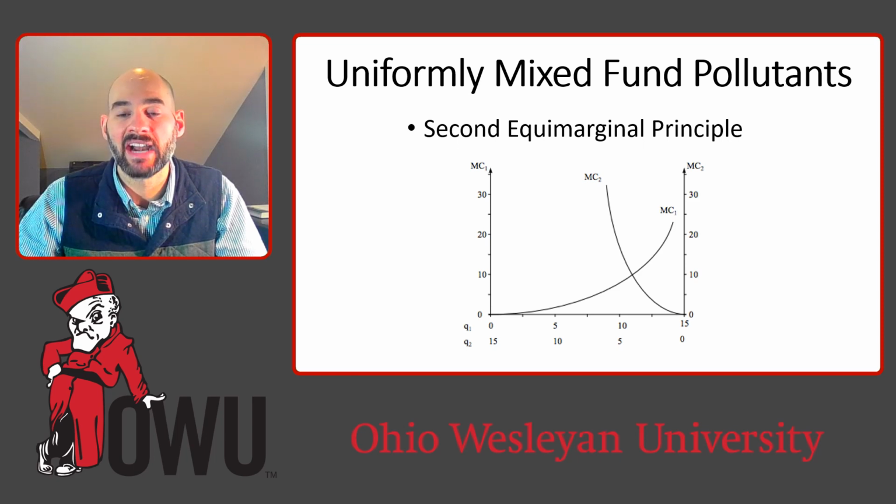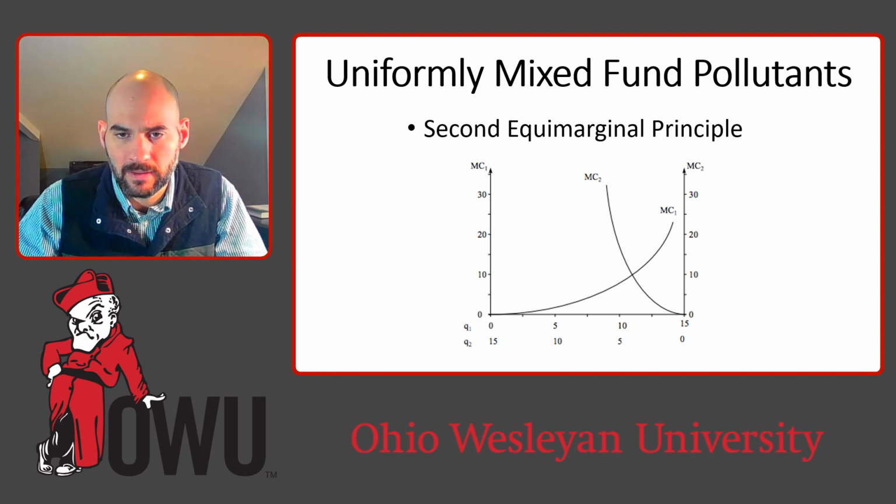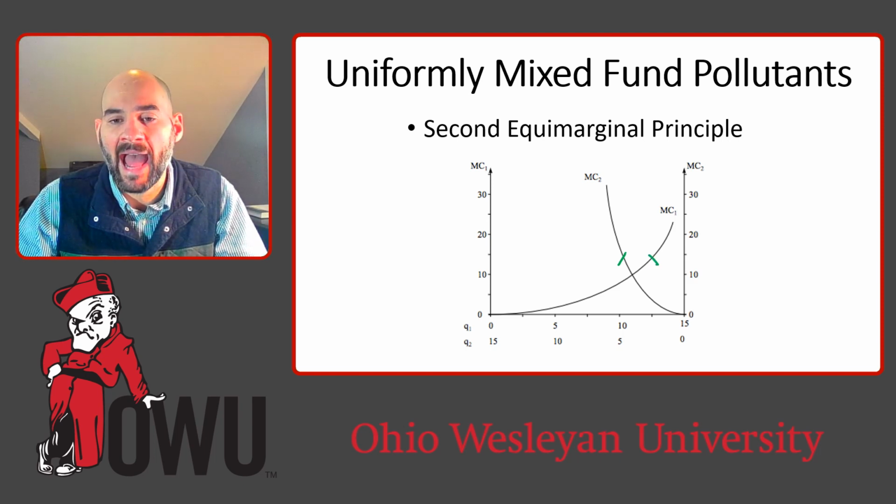If we have a desired level of pollution reduction, then we can find what combination of points on each of these graphs that have the same price would add up to equal the desired level of pollution reduction.